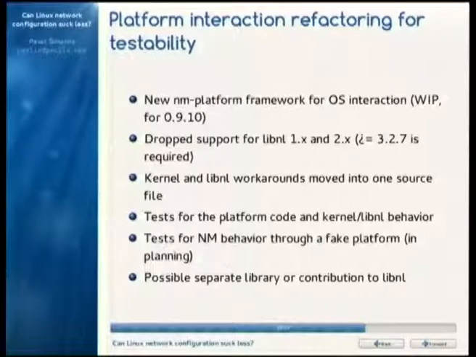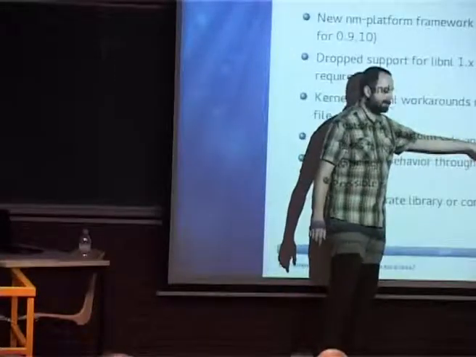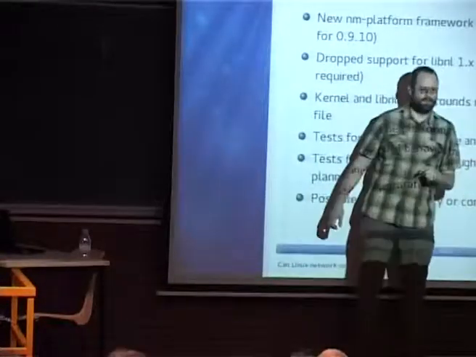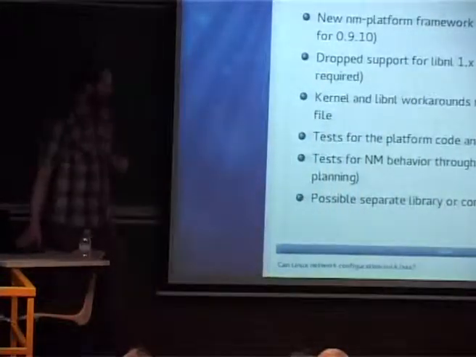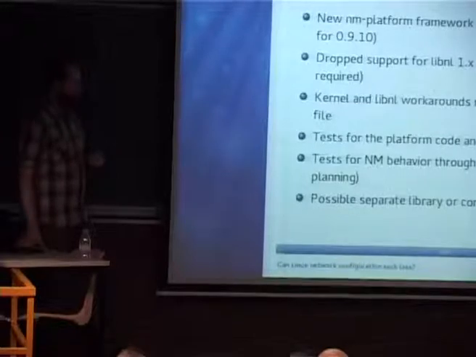What I want to achieve is to be able to run automatic tests. Currently, I can do tests for the platform code itself, and with that, I found 2 kernel bugs already and 3 libnl bugs. So I'm filing those, and it's a pretty good tool for me.